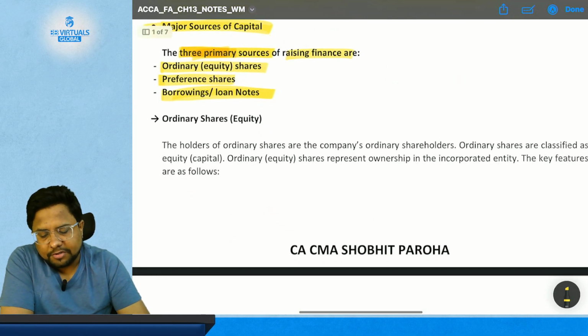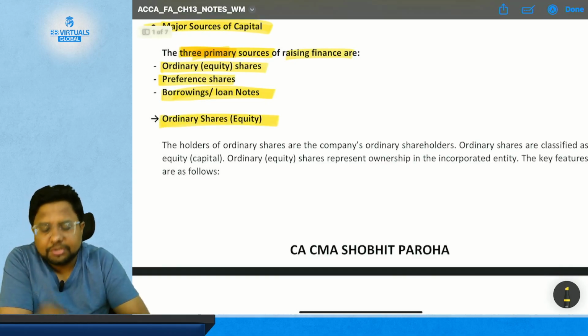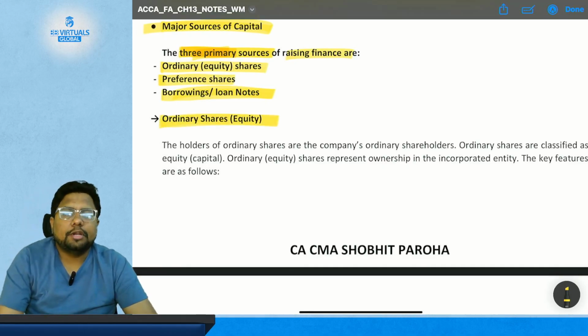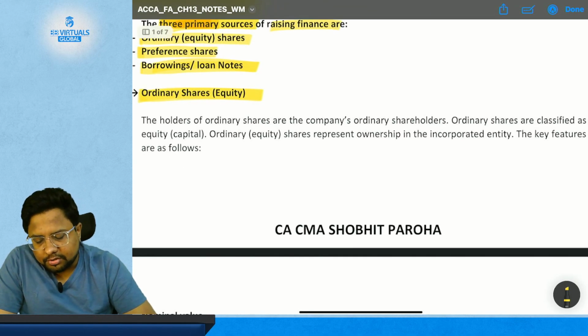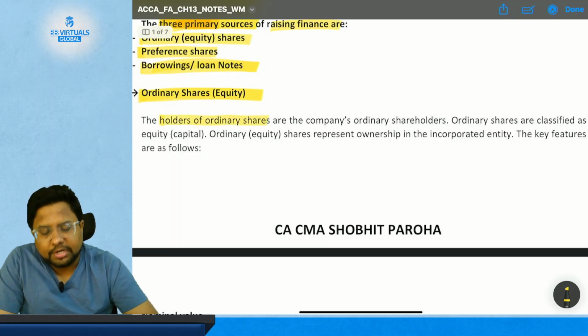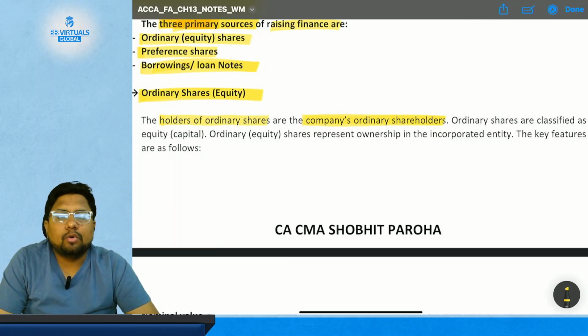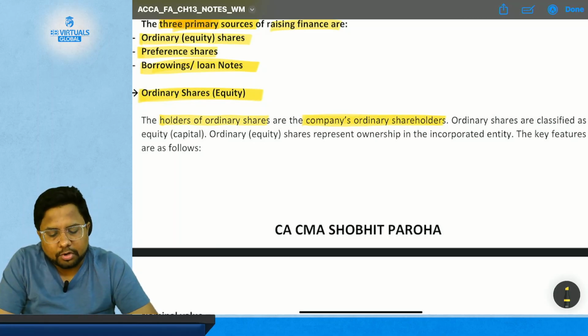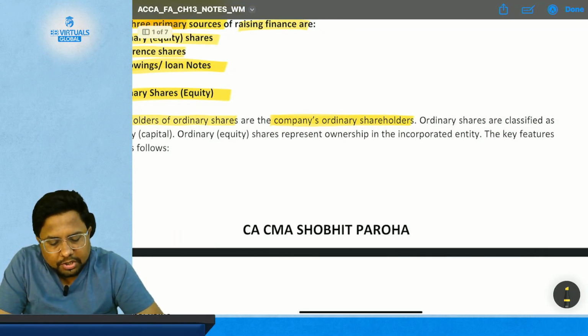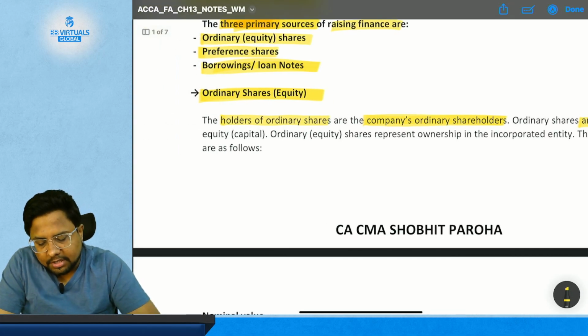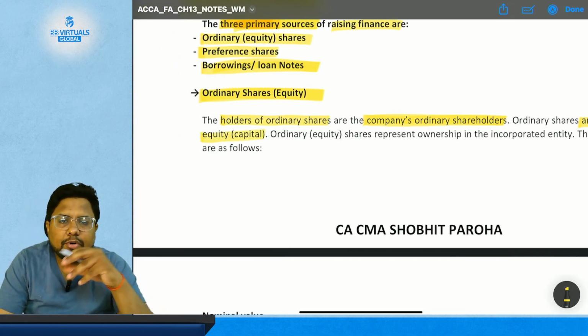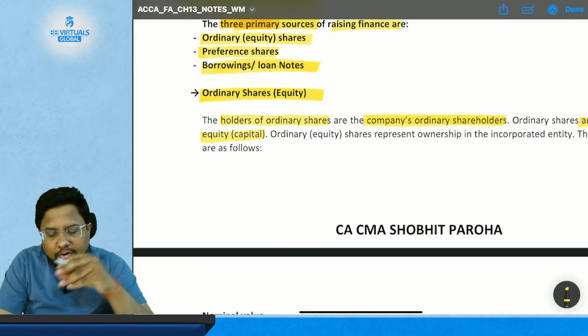Then first we have the ordinary equity share. The holders of ordinary shares are the company's ordinary shareholders, so they are the owners of the company. The ordinary shareholders' amount is classified as equity capital.